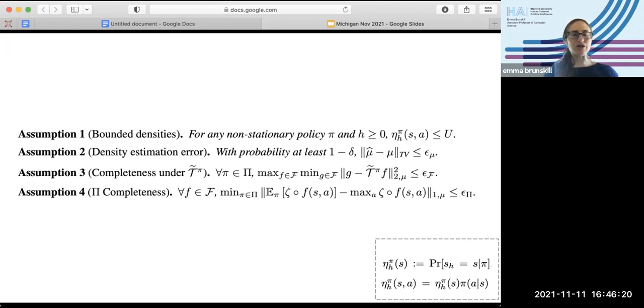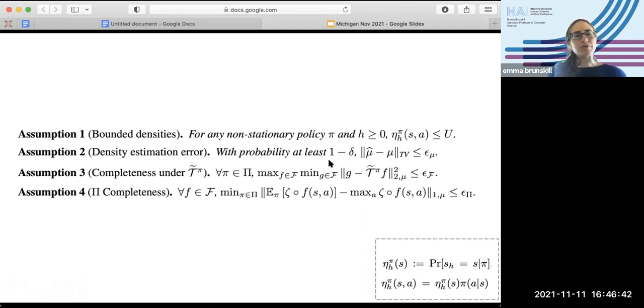And so these continuous densities must be accounted for. What we assume is that we have access to an estimator of our behavior policy that has bounded error under the total variation, and that our densities themselves are bounded. So we don't go to a state that is a delta function and stay there forever. There's not a funnel state.